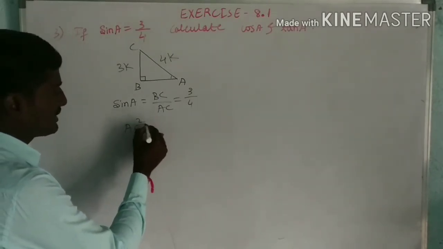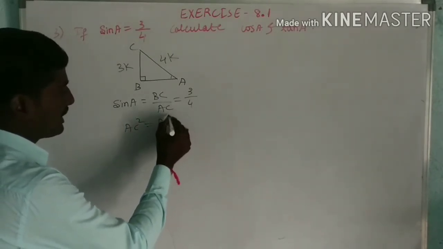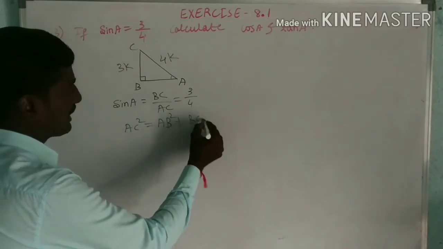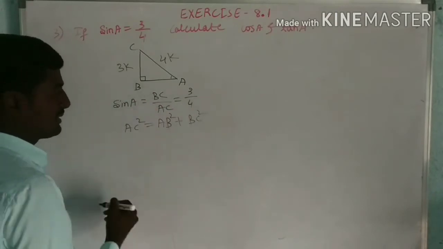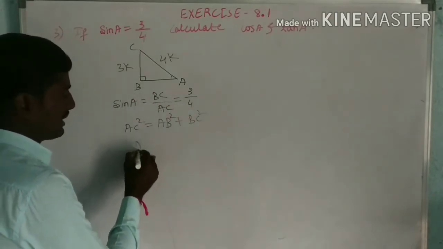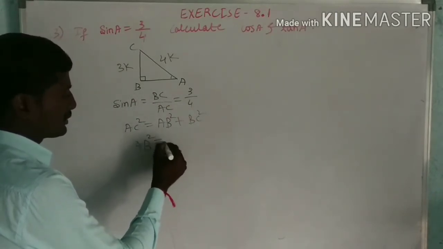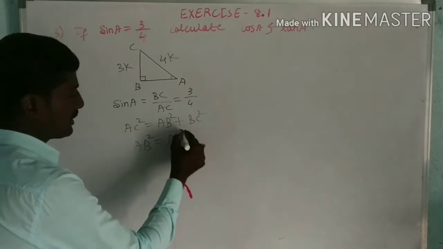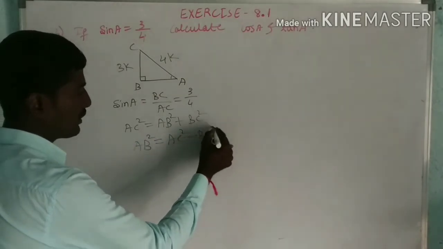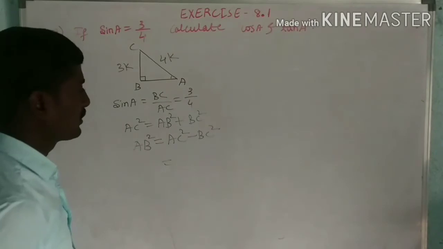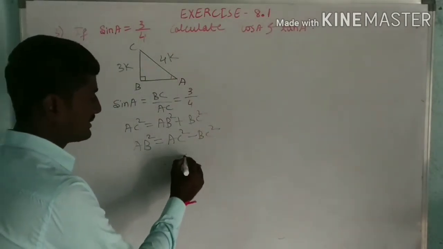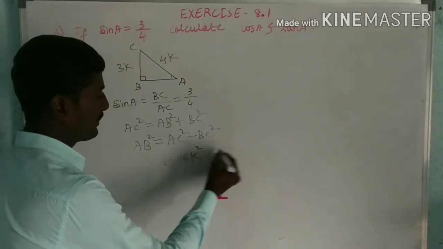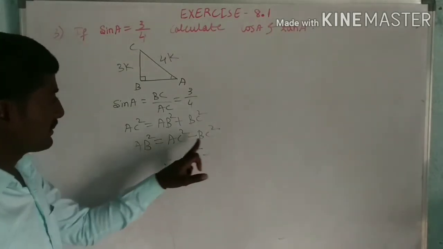Now AC square is equal to AB square plus BC square. I want AB, so I will take the BC square to the left. AB square is equal to AC square minus BC square. Now this is equal to what? AC square, 4 square, that is 16K square, minus BC square.